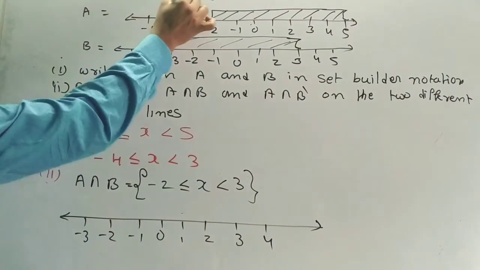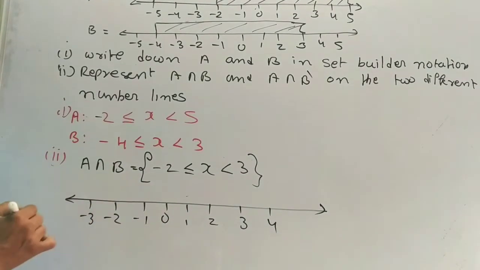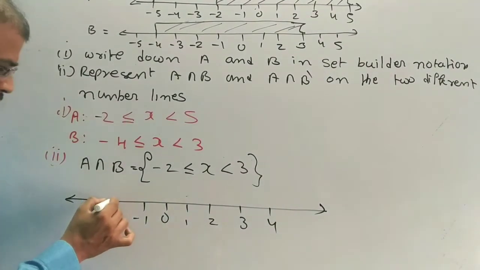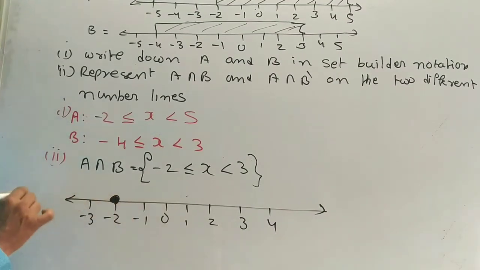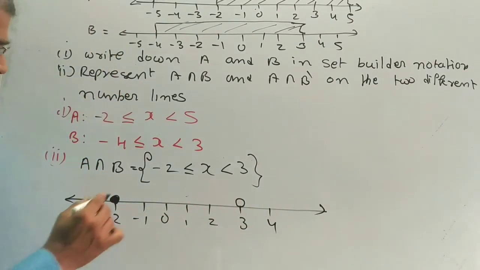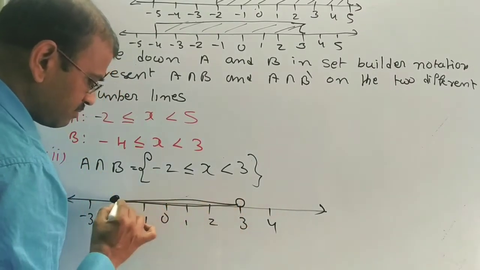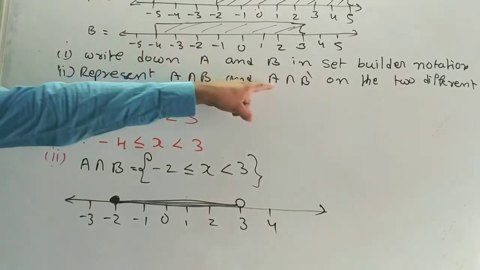Our question says a real number line, so you are going to take only the real number values. So minus 2 is included, write the thick circle. 3 is not included, put the hollow circle. Now shade this entire part. This is A intersection B. Getting it? Now we'll go for the next one.